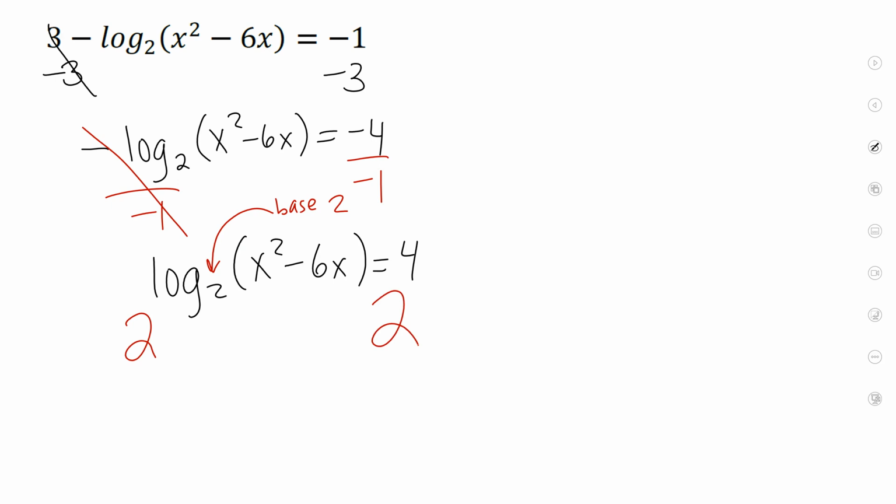These are exponential problems now. All right, guys, look. 2 to the power of log base 2, those cancel out. It is gone. What we are left with is x squared minus 6x equals 2 to the power of 4.